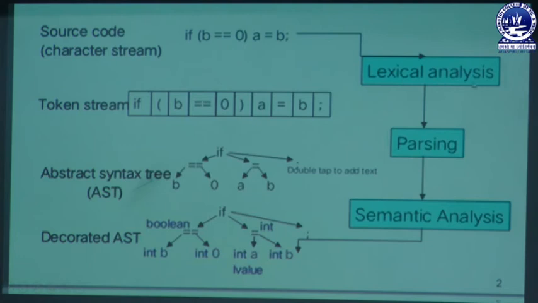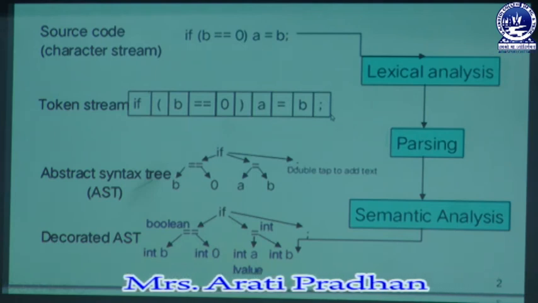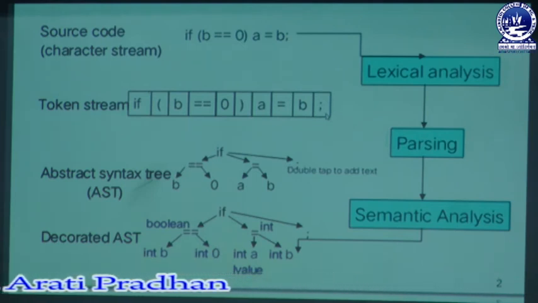In lexical analysis, tokens are generated: if, then opening bracket, then B, then double equal to, which represents equality, then 0, then closing bracket, then A equal to B. This is performed in the lexical analysis phase, which I discussed in the previous class.